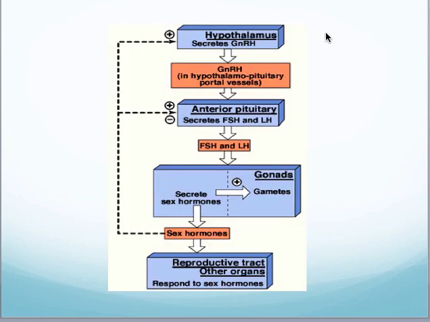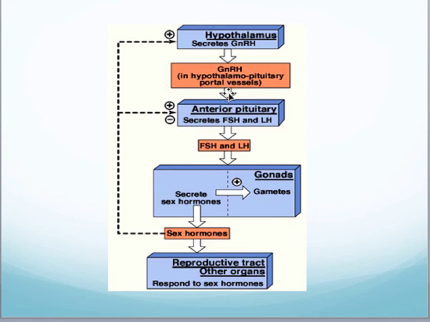This diagram shows you the general events in both sexes. It all starts with the secretion of gonadotropin-releasing hormone, or GnRH, from the hypothalamus. This hormone will make it to the anterior pituitary gland by passing through the portal system between those two organs or glands.